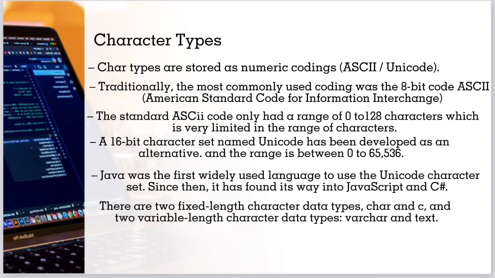We must remember that ASCII characters include upper and lowercase alphabetic characters that are accepted literally. And there are two fixed-length character data types, char and C. Also, it has two variable-length character data types, varchar and text.